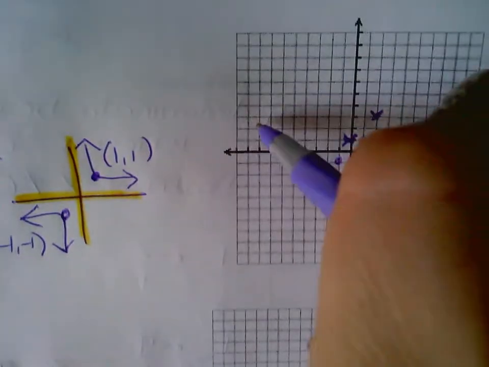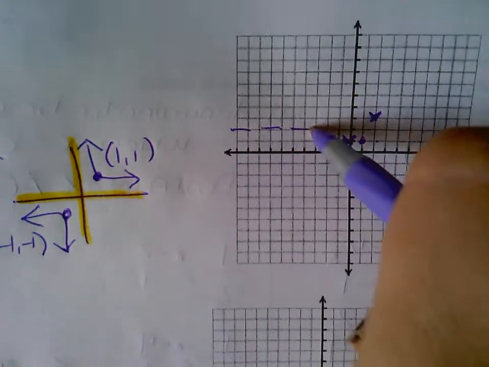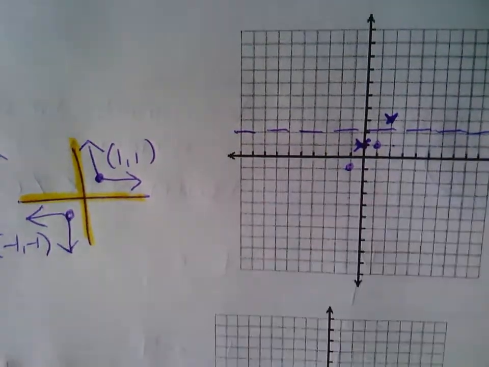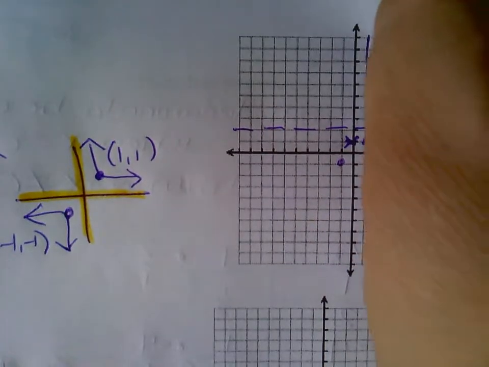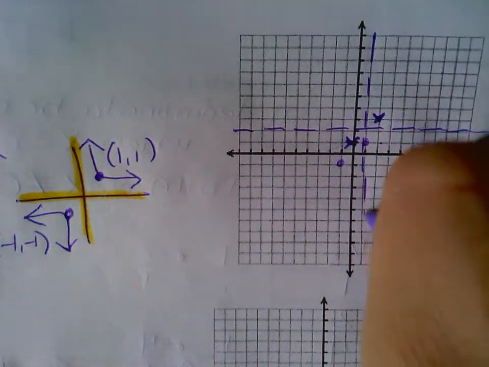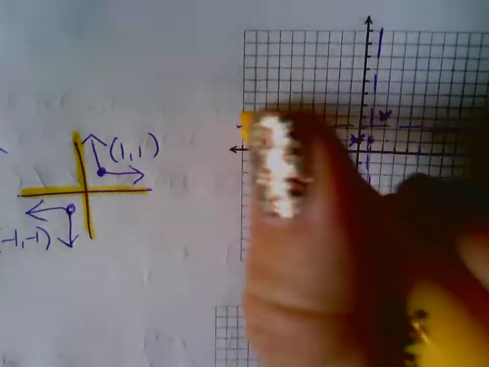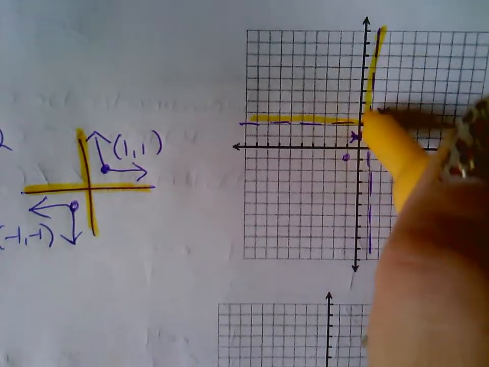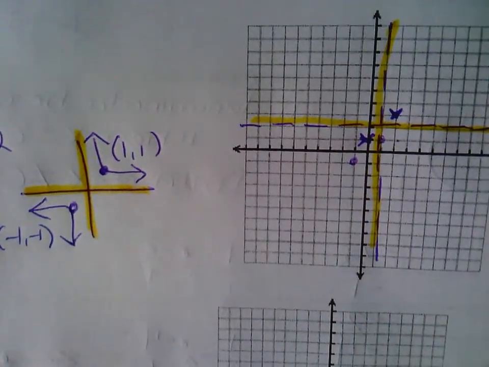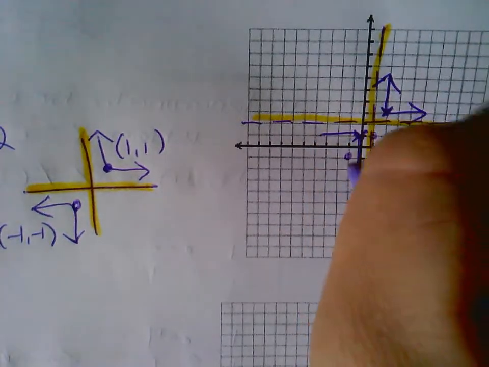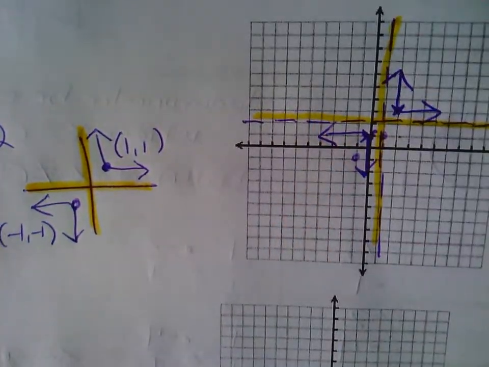Right? So if I go up 2, now my asymptote is here. And if I go right 1, my new asymptote would be here. So I've moved where that little yellow cross went because my asymptotes have moved right 1 and up 2. And then my elbows go through those points with that shift.